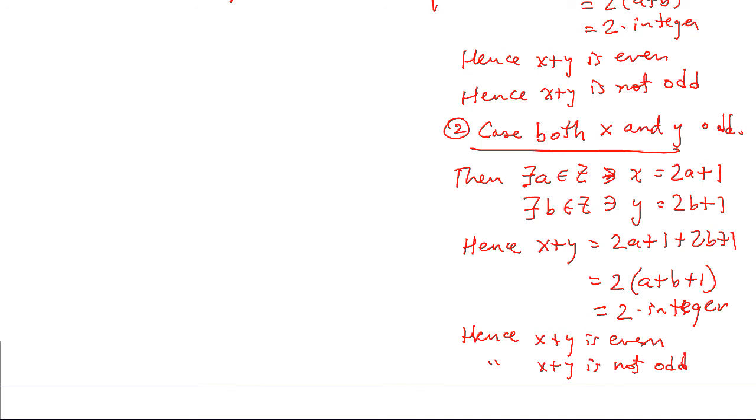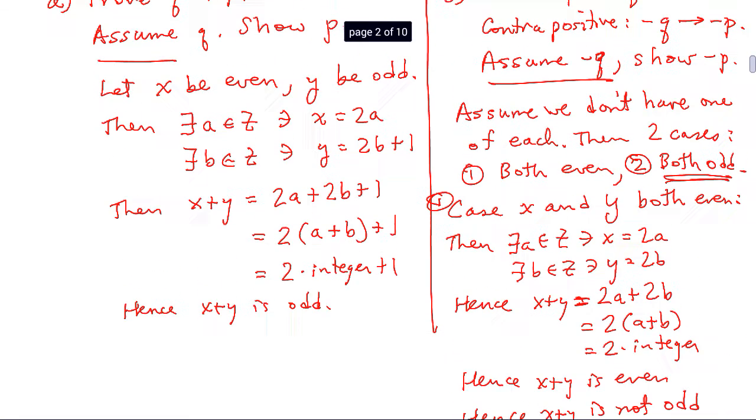Okay, this does it. I believe what I was doing here in case 2 is essentially, well, it's a little bit different from what I did over here in part A.